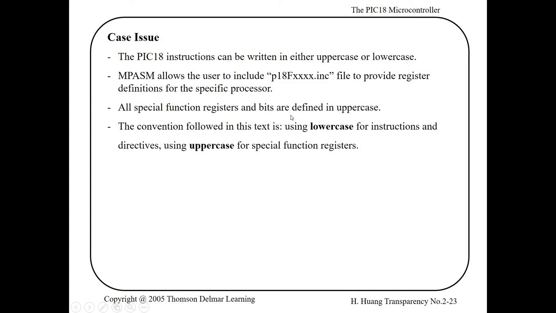All special function registers and bits are defined in uppercase, meaning the F, W, A, banked, all those are supposed to be in capital. But I think it still accepts small letters, right? But LFSR, FSR1, FSR0, FSR2 are supposed to be capital. When you write them in small letters, it throws out an error.